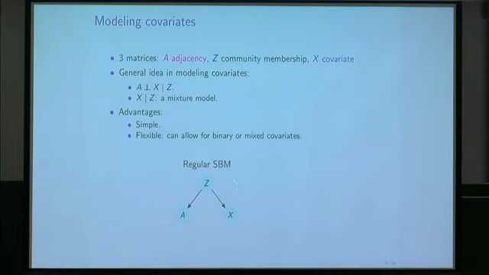Then model X given Z as a mixture model: you pick the covariates based on the membership. Node I has a membership vector, and you pick from that component of the mixture and generate the X. If you believe, like me, that the block model is a mixture model of sorts, then this is not that surprising a way of modeling things.